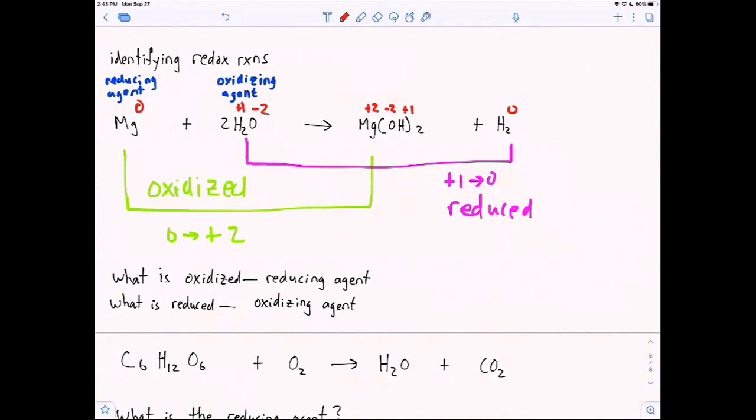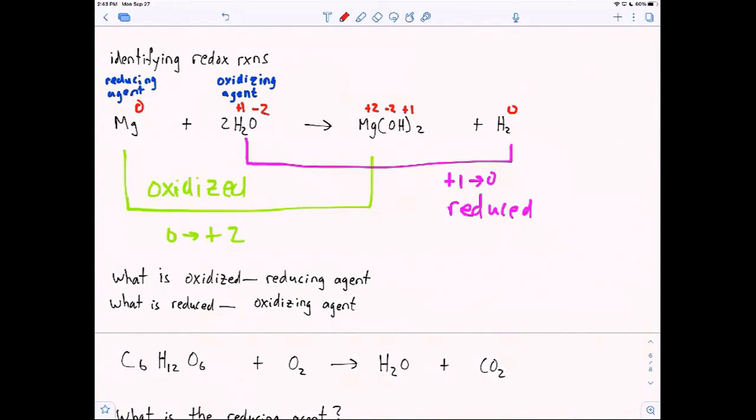But I mentioned, this is just a way of describing where electrons are going. So the magnesium, by delivering my electrons, is the reducing agent. And then the oxidizing agent, by taking the electrons away and being reduced, is delivering the oxidation.